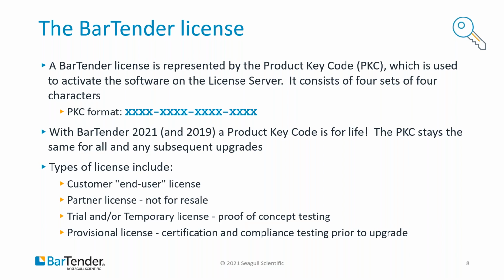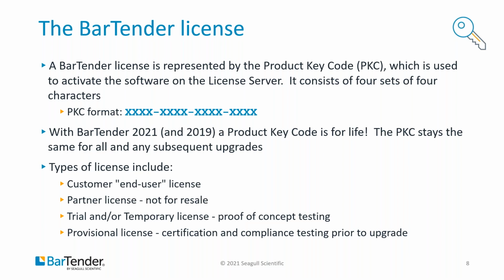With BarTender 2021 and indeed 2019, the product key code, so to speak, is for life, meaning that the product key code itself is just a unique code, a unique value, which identifies a license. The state of that license can be changed via the BarTender activation server.